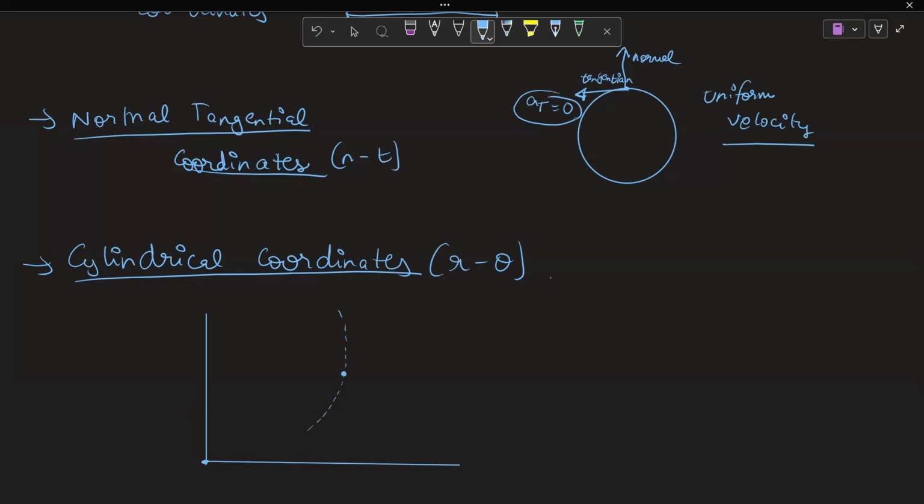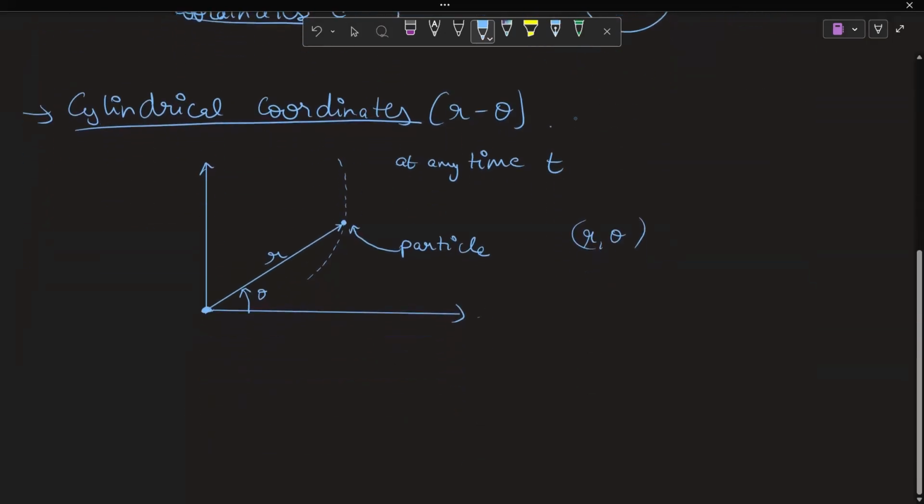This is the particle at any time t. Now we are observing the motion of the particle from this point, known as the origin. So we'll say that this is the length r and this is the angle theta. So we represent the current position of the particle as r and theta.